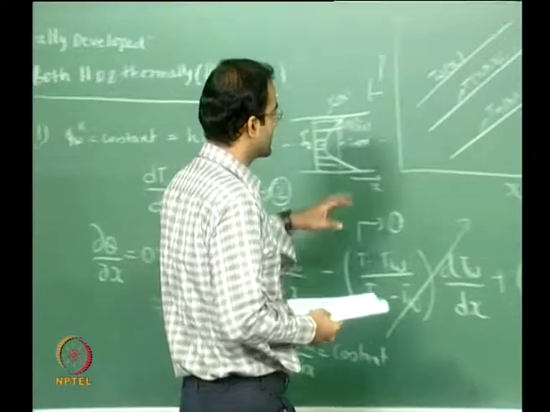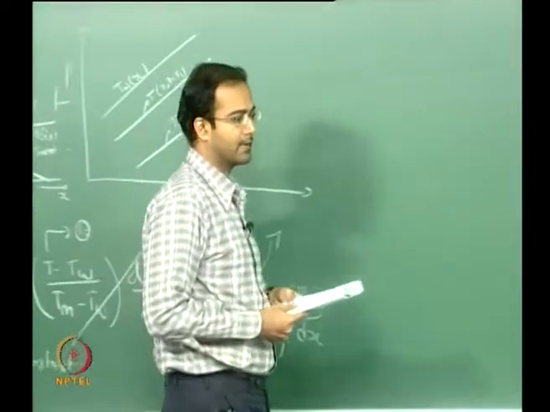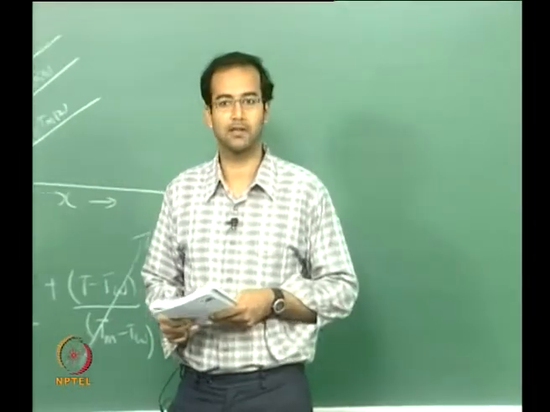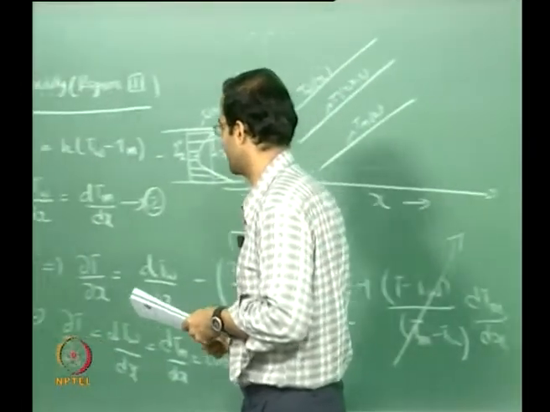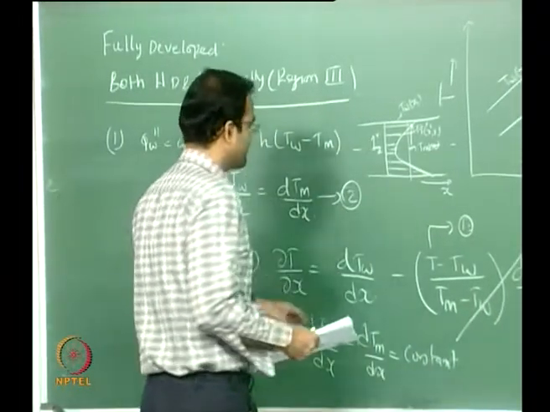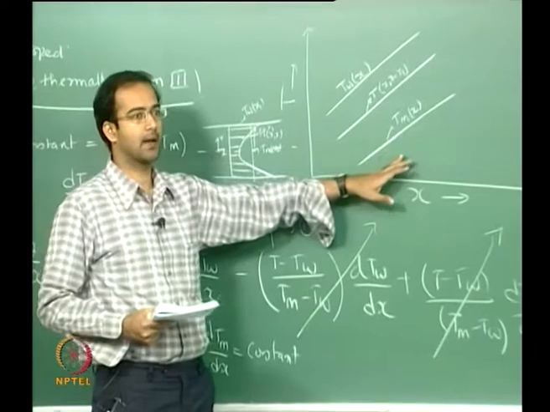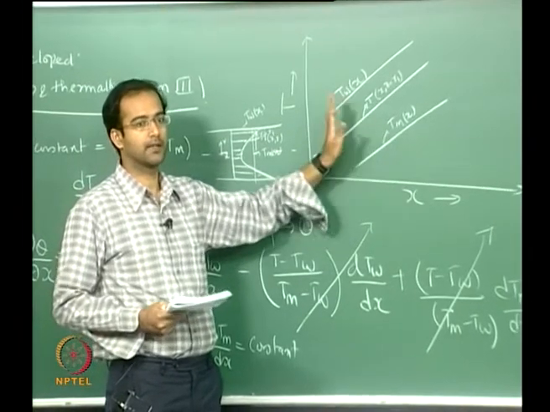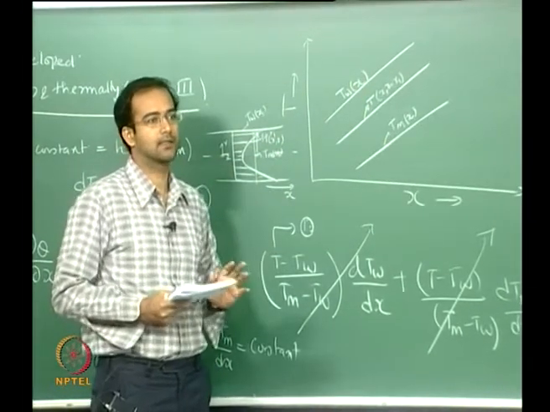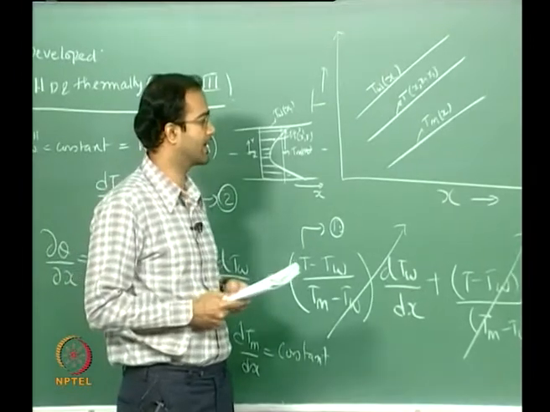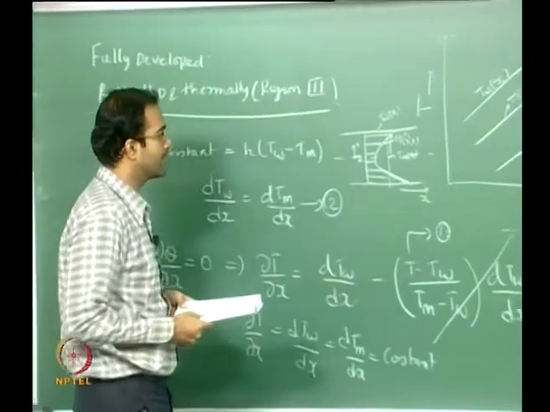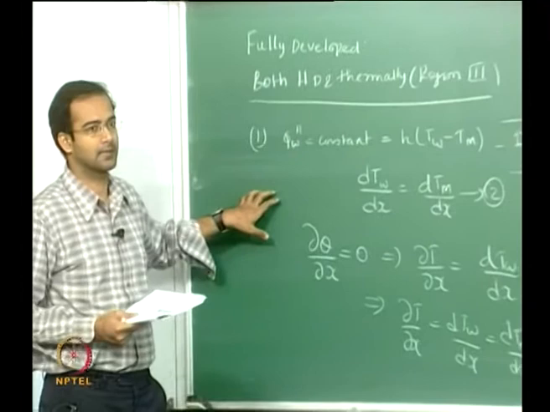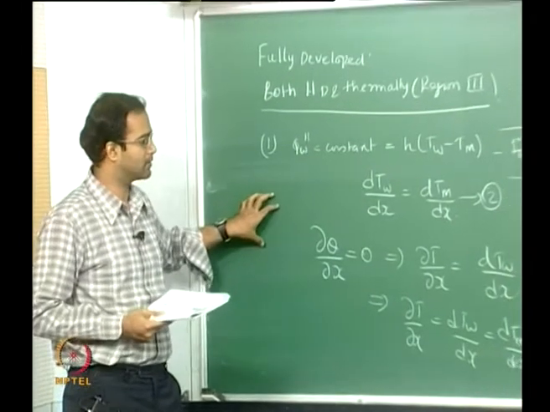So this is the characteristic of the temperature variation for the constant heat flux boundary condition. All three variations are identical, they are just parallel to each other, but they keep varying with the axial position. That is the characteristic nature of thermally fully developed flow, and of course it has to be hydrodynamically fully developed also.